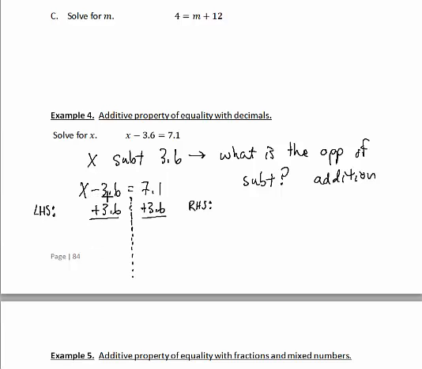A negative 3.6 plus a 3.6. The two numbers cancel, leaving a 0. So on the left, all we have is an x, and now on the right hand side if we add 3.6 to 7.1, I would get a 10.7. So x equals 10.7. Same version of the examples above, except we're dealing with decimal numbers.